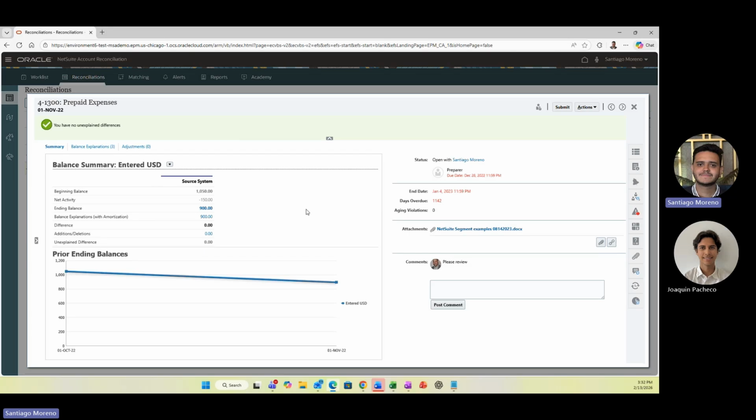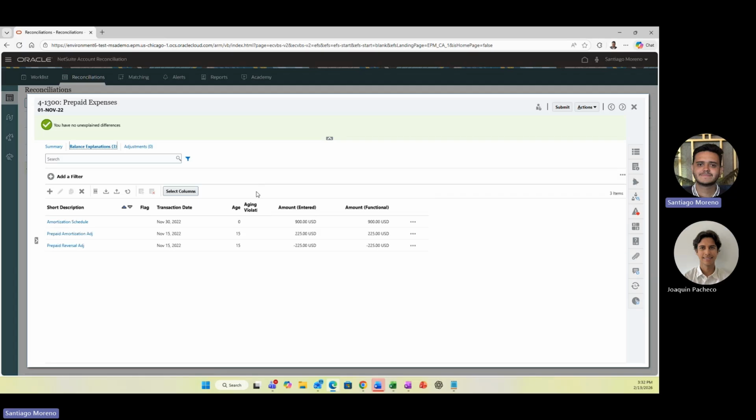This is a use case that actually has prior data on it, and that's the way it is going to be displayed. But the main difference between this one and the other one is the way that the end user actually submitted the balance explanations. So if I come in here into my balance explanations, you can see that we got one called amortization schedule.